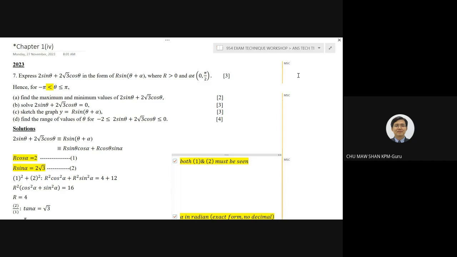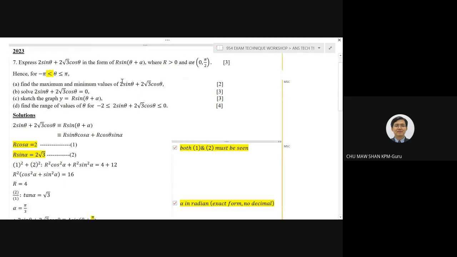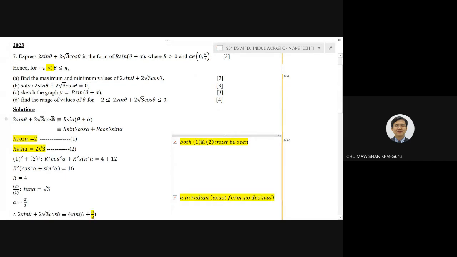Okay. A: Find the maximum and minimum values of 2 sine plus 2 sec 3. Sorry, I evaluate the first part first, express. So we try to do in this form, r sine bracket theta plus alpha.